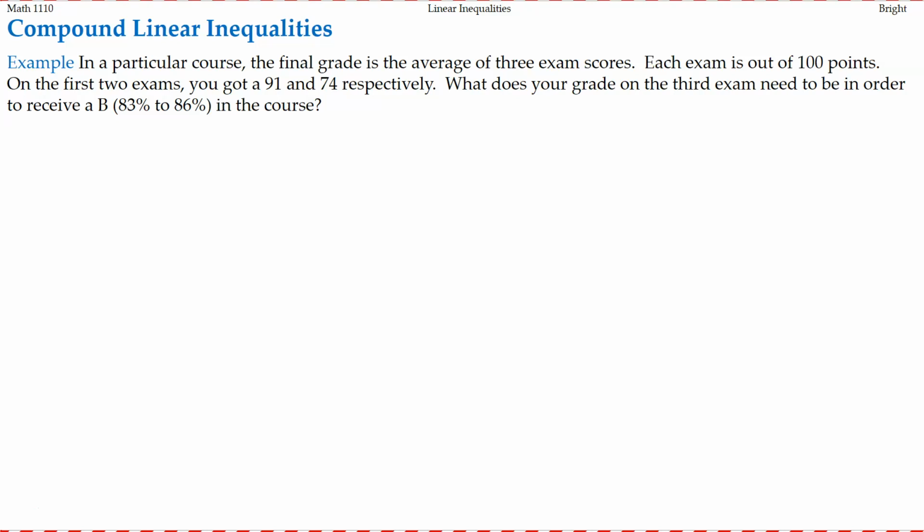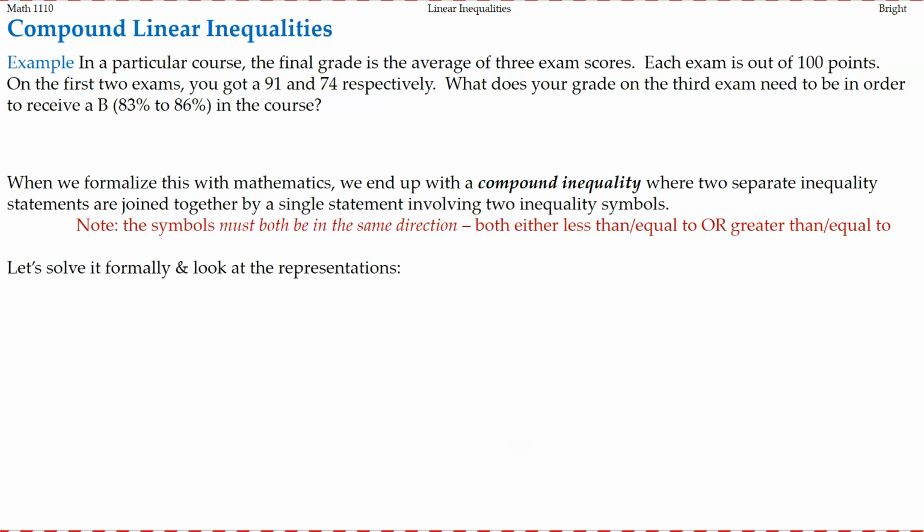Some of you might just say, oh well, I'm going to guess and check, right? Yes, but we're going to solve this mathematically using a bit more rigorous procedure. When we do this, we're going to solve a compound inequality.